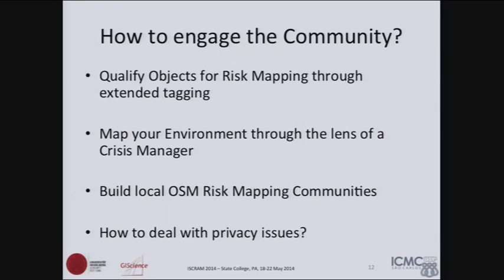And the other very important thing for us is how do we engage the community. So an important part of our work here is how can we qualify these different objects for risk mapping through extended tagging.